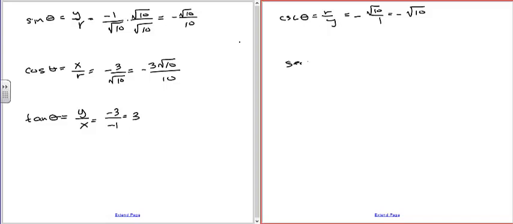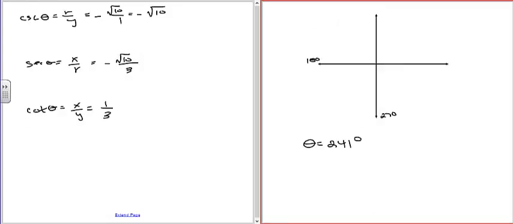The secant of theta is x divided by r, so we flip them around, take the reciprocal to get that. And finally the cotangent of theta is x divided by y, so we just take the reciprocal of that, which is 1/3. So those are the six trig functions.